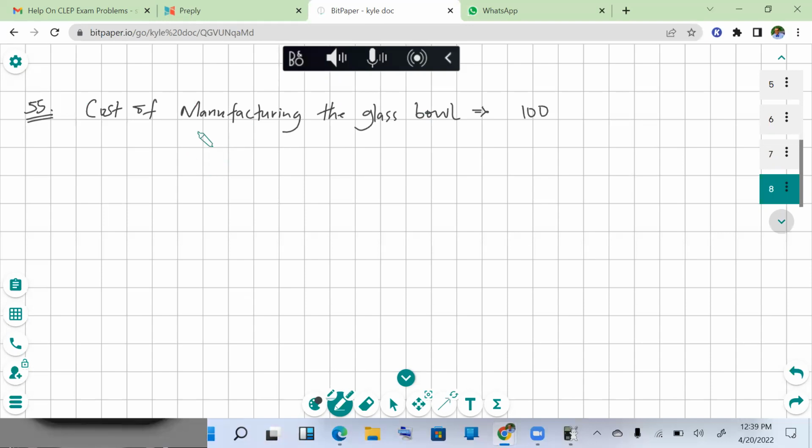So we can say that the ball is then priced at 30% above the manufacturing cost.